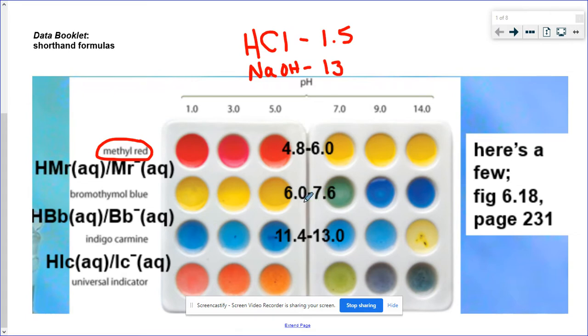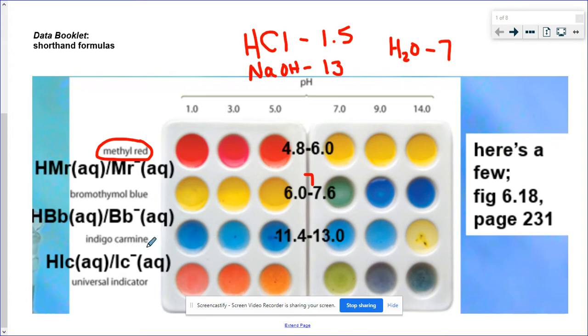But if I put bromothymol blue in something neutral like water, I would expect it to be green, because it's intermediate between yellow and blue. H2O has a pH of about 7, as we know, and 7 is between 6 and 7.6. So we would expect it to be somewhere in that green category, somewhere intermediate between yellow and blue.